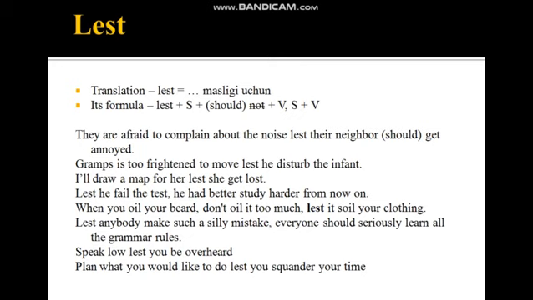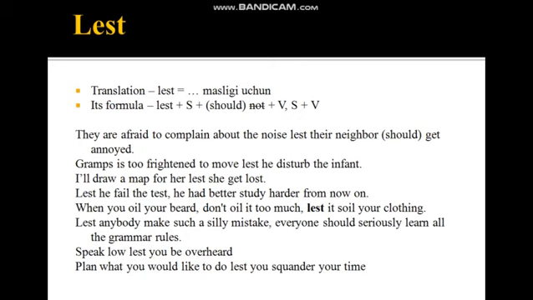And from my first lesson, I was taught that according to verb agreement, after he or she, we have to use the verb plus s or es at the end of the verb. But as for "lest," that's not going to work, because we have to keep that "should" in mind.